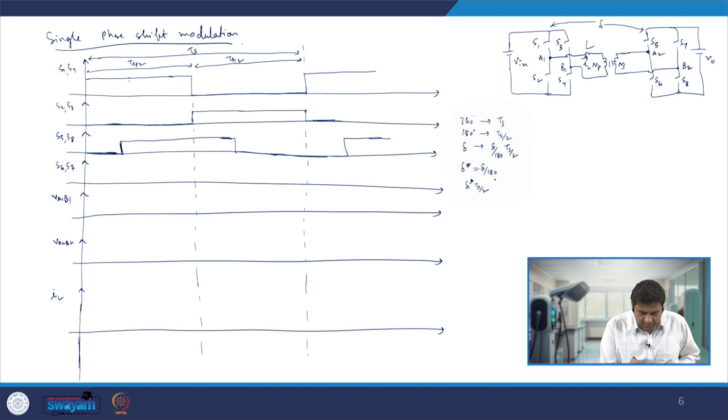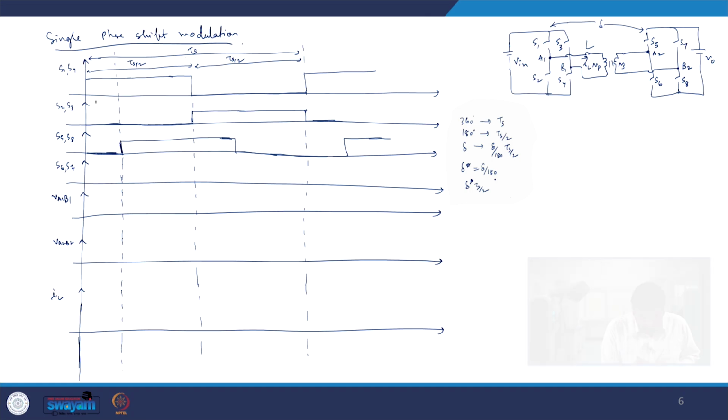And let us define this period, going from this, which will be nothing but delta star Ts by 2, and then this period will be nothing but 1 minus delta star Ts by 2 period.